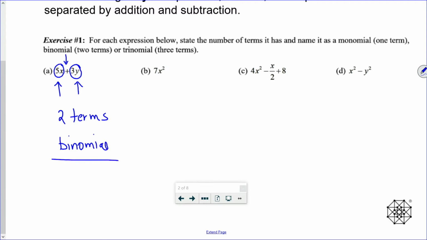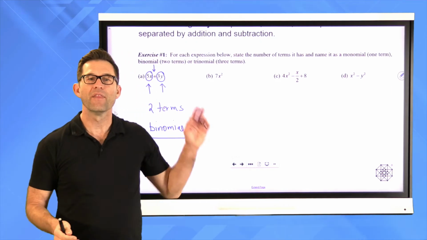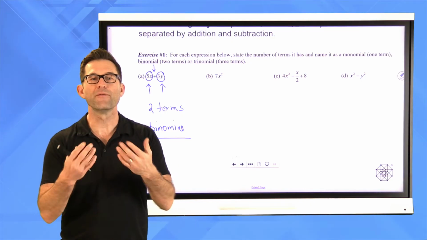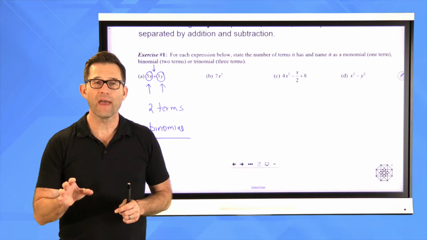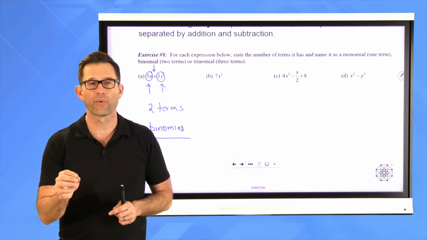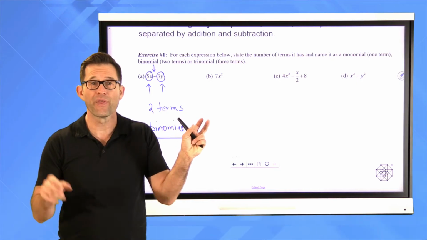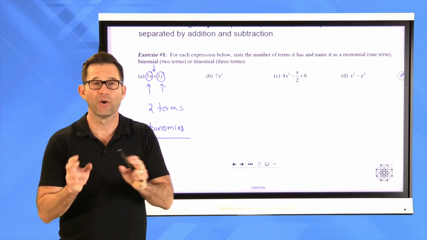And this really stems from order of operations, right? The 5 times x and the 3 times y comes before the addition, all right? And so at the end of the day, we want to look at 5x and 3y as separate things, right? 5x is one thing, 3y is another thing, and we're adding them together. It's a binomial. All right.